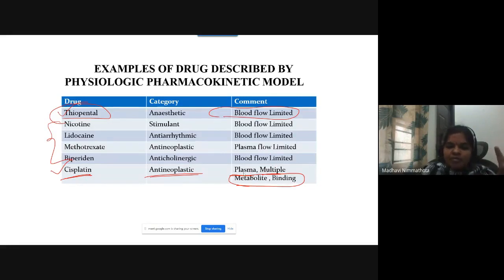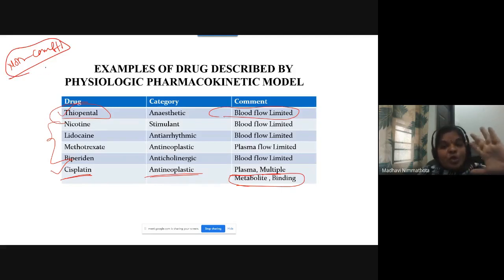Here this is a very simple mechanism for explaining the non-compartmental analysis. In the non-compartmental analysis, we are not assuming that any compartment is there for drug distribution. In this physiological model, what is our assumption? Our drug will be transported between the various organs or tissues.